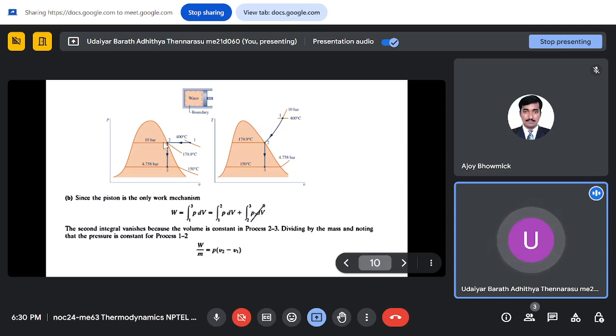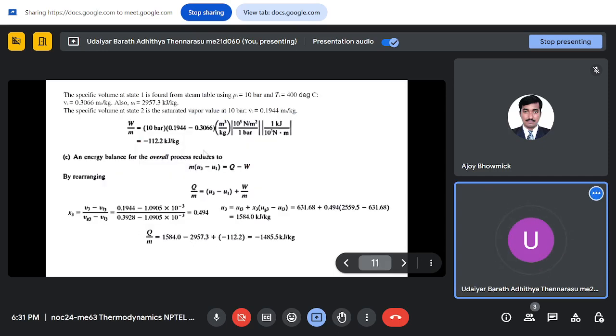Process 2 to 3 is a constant volume process, so dV is 0 and you will not generate any work during 2 to 3. The only work generated is during process 1 to 2. It's a constant pressure process, so you can take P outside and integrate. You will get the change in volume. So work per unit mass is P times (v2 minus v1). These are specific volumes, since we are writing work done per unit mass.